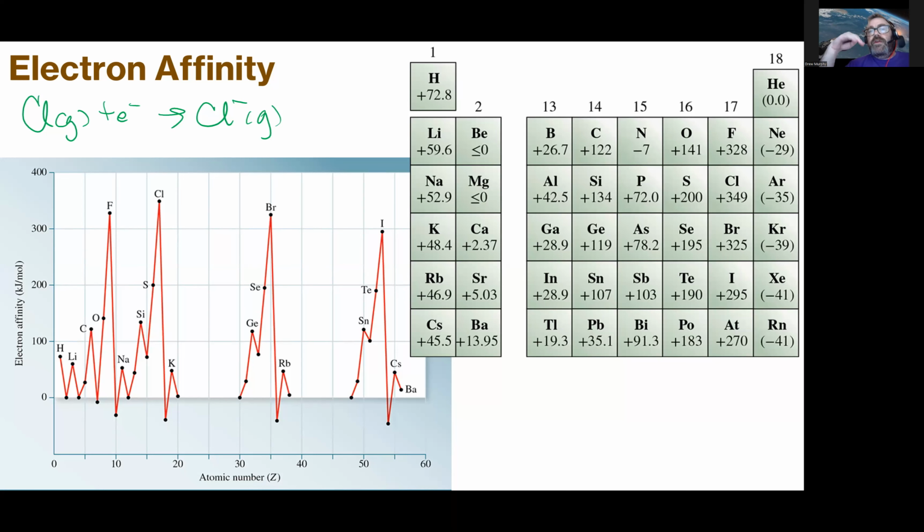If you're going to give an atom an electron, the atom is going to give you energy back. So that's just one way to think about it. Here we're looking at how much energy you get back when you give an atom an electron. That's the electron affinity. The trends get a little bit shakier. As you go down the group, there's no trend down the group.